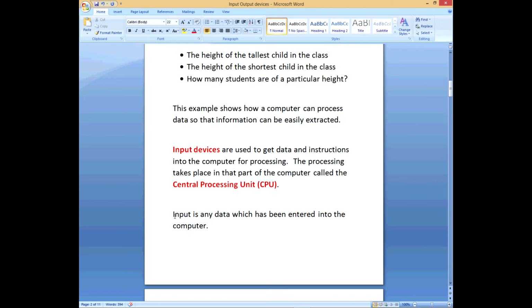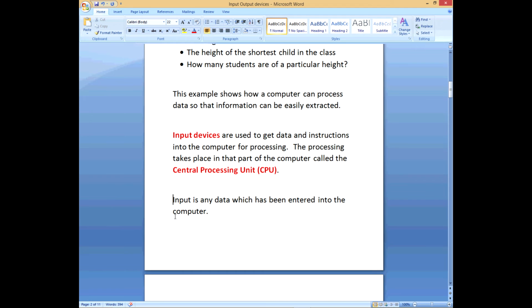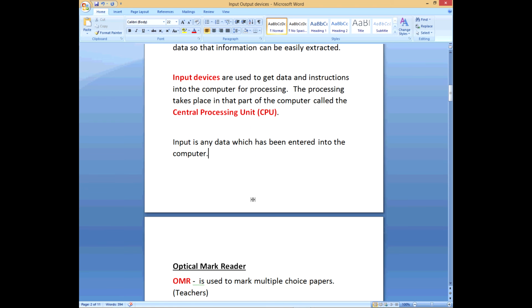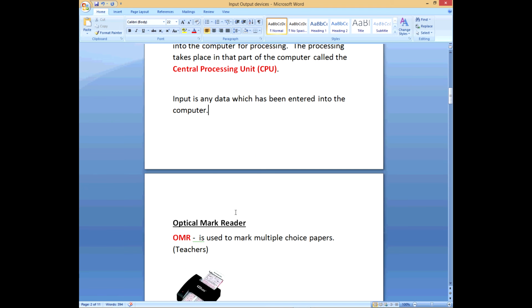Now please, you don't necessarily have to write out every single word for word definition, as long as you have the main elements. Input device: used to get data and instructions into the computer for processing. Input: data which has been entered into the computer. As long as you have the main elements, you'll get it correct.